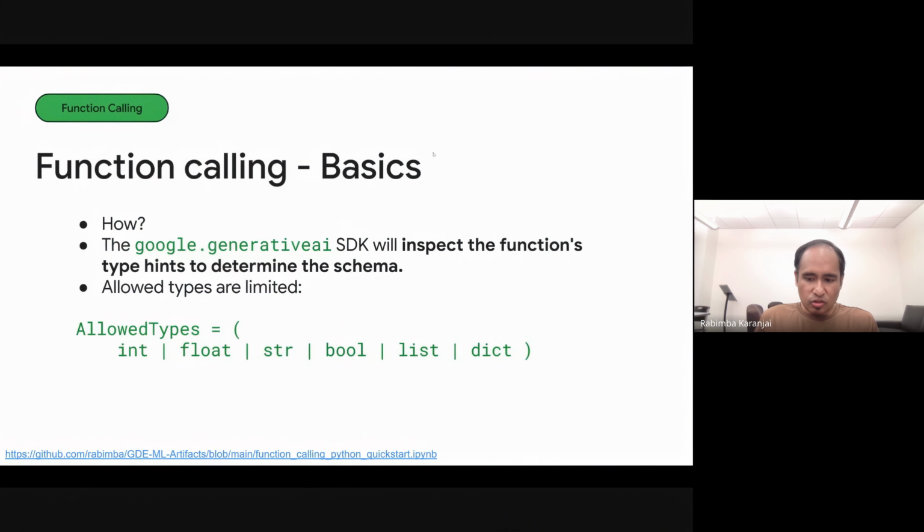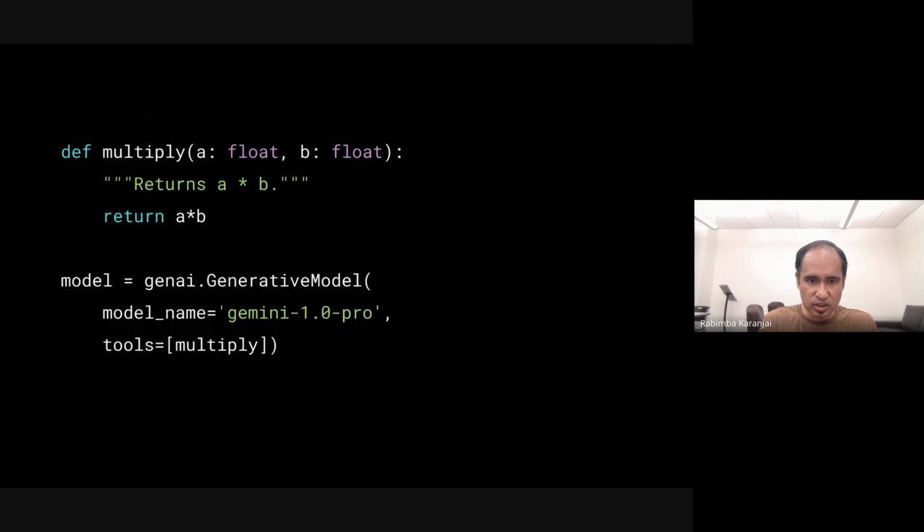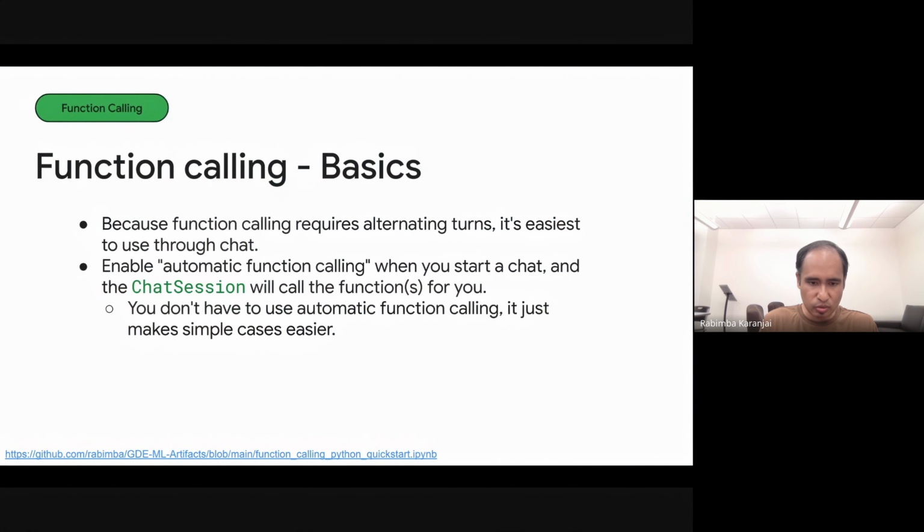Coming back, mostly what we discussed throughout these Google Colab notebooks is that we have certain allowed types which we can use for function calling. These we defined for the multiply function. We told it that the tool is multiply, and that's how you can call it.